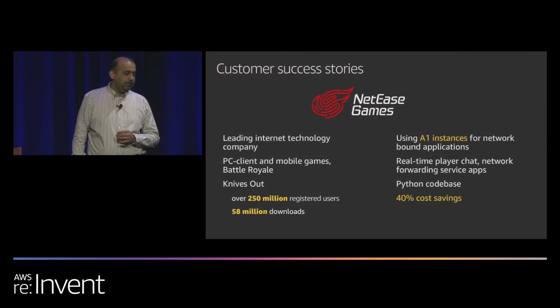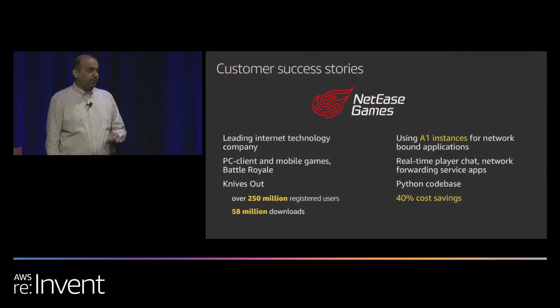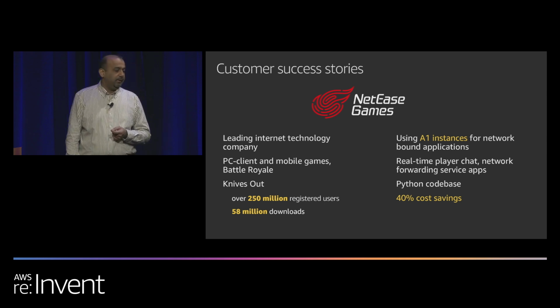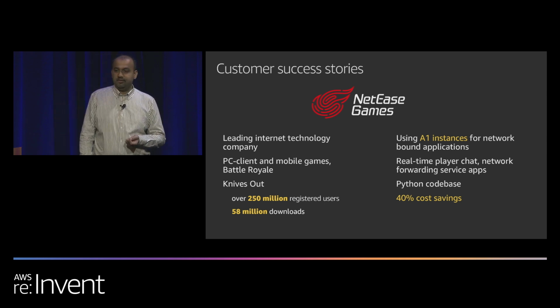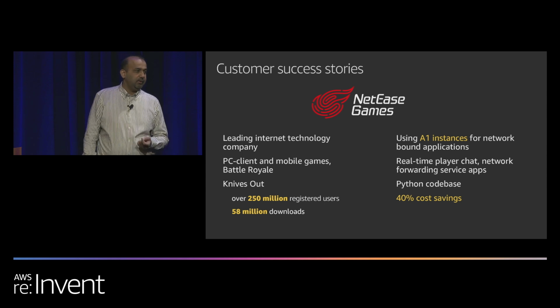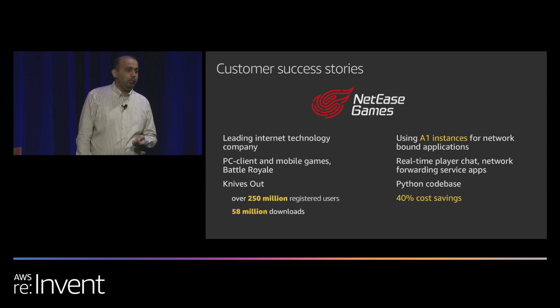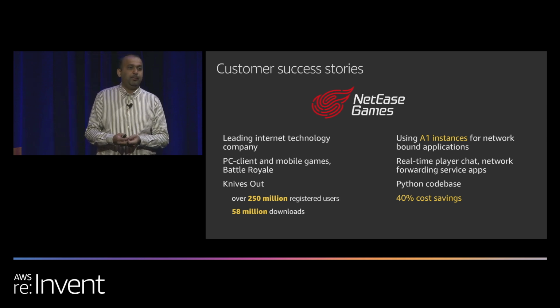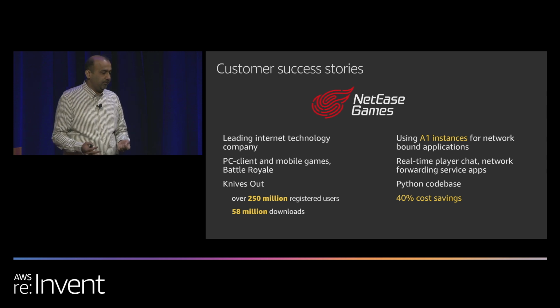So here are some specific examples that I wanted to cover today. First up here is NetEase Games. As many of you may know, NetEase is a leading internet technology company that operates and develops PC and mobile games. And one of their most popular games is Knives Out, which happens to be a household name among gamers and especially in the Japan and APAC region.